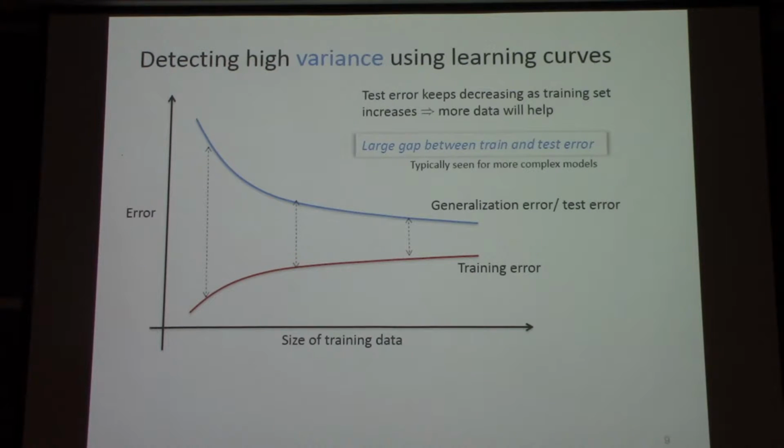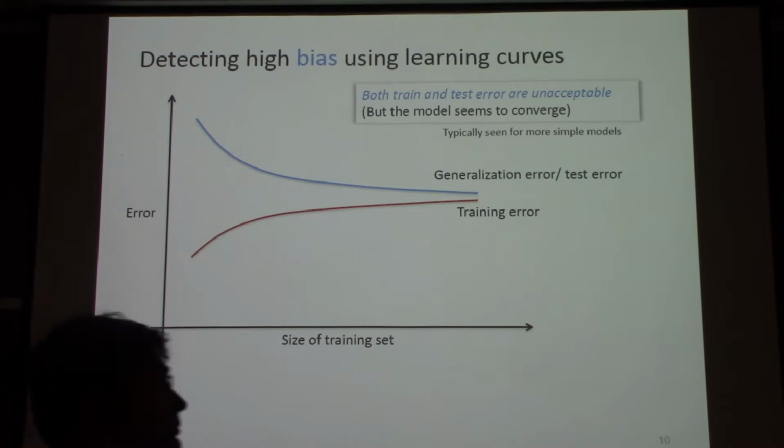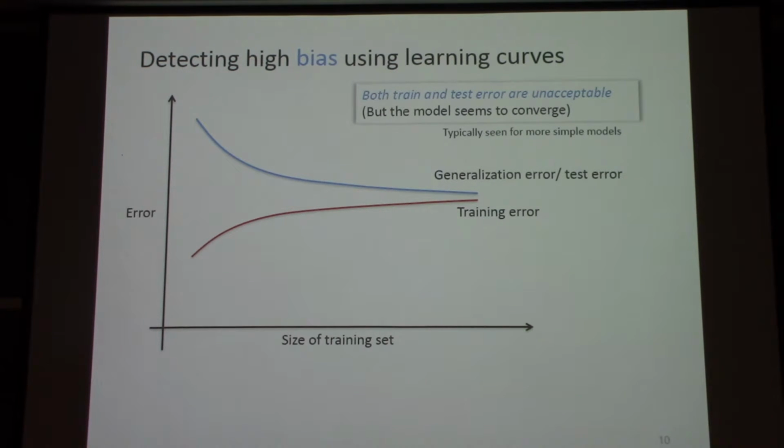Okay, so if you plot these pictures, the learning curves, then you might be able to detect high variance. The other extreme is underfitting, or high bias. This happens when both the train error and the test error are really high, even at convergence. The test error clearly is not going to go below the training error, but both of them are unacceptable.